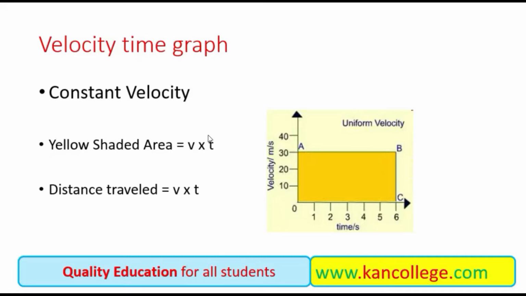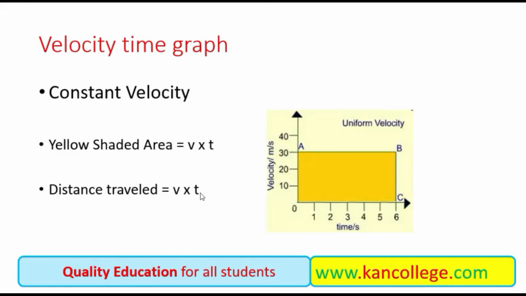As we know, the distance can be calculated as s is equal to v cross t. As we know, velocity or speed is equal to distance over time. So from that relationship we get that the distance is equal to speed into time.